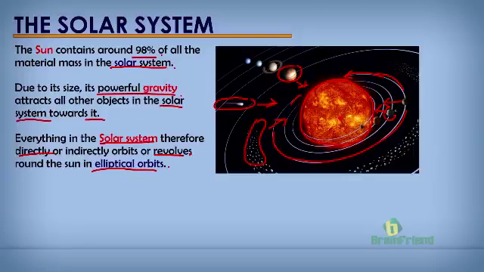The moons also of other planets, Jupiter, for instance, that has close to 70 moons, all revolve round Jupiter, while at the same time Jupiter revolves round our sun in elliptical orbits. So again, the moons of Jupiter are indirectly revolving round the sun. So everything within the solar system, in one way or the other, both directly and indirectly, revolves round the sun.